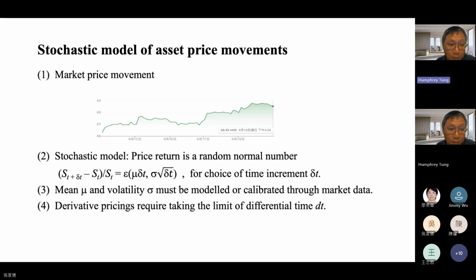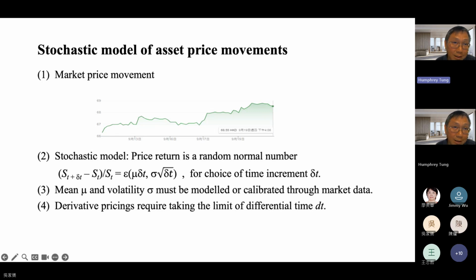In fact, this is the difficult part in derivative pricing. If you think the two parameters are constant, then you can simply look up your history and work out the average, for example the average price return over the last 10 years.